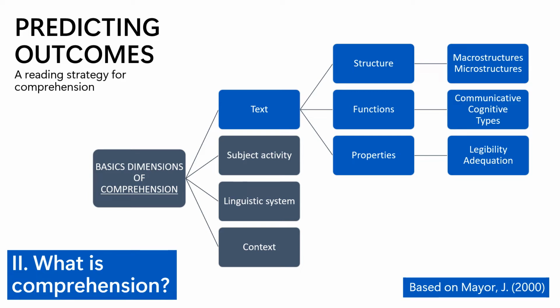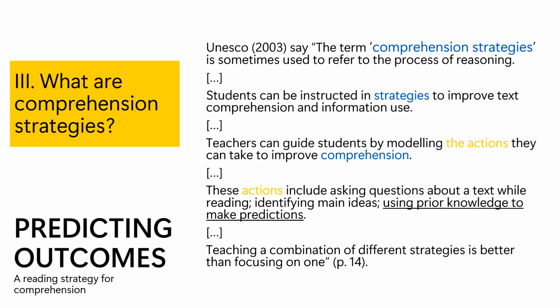So maybe we can modify the subject, the linguistic, the context, the gray one, but we can improve, we can get familiar with the text. Make predictions, it is a reading strategy.